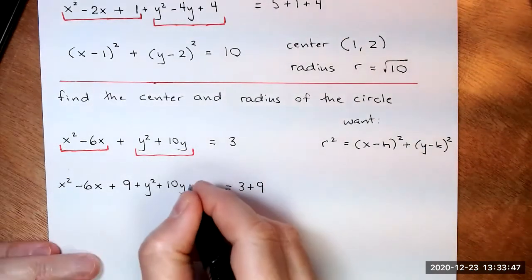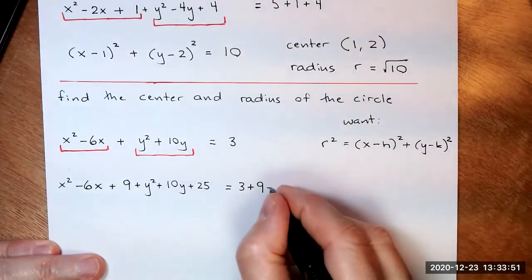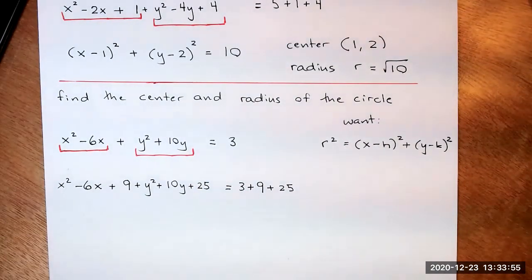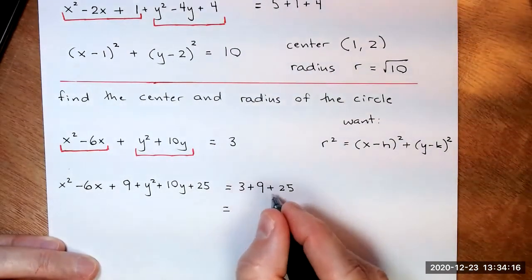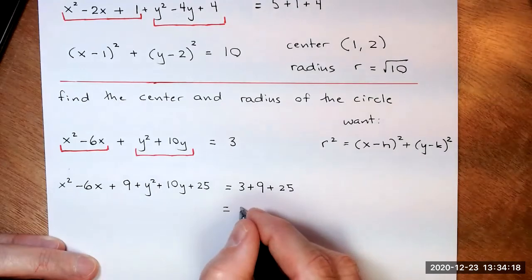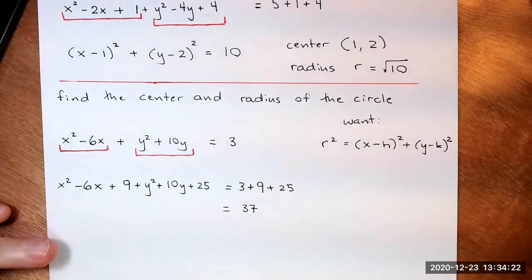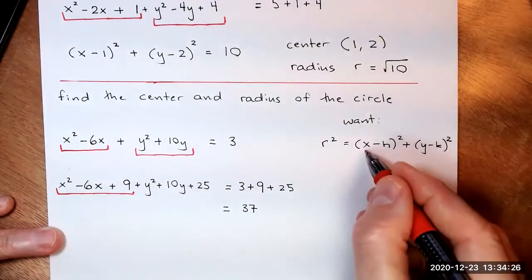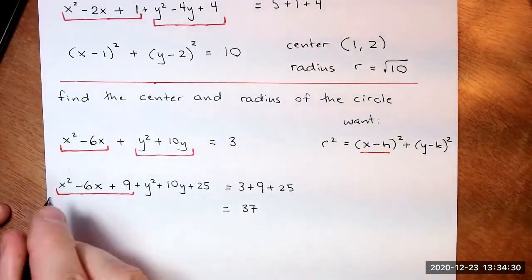Square it, that makes 25. Make sure you add it to both sides. All right, 3 and 9 and 25 make 37.